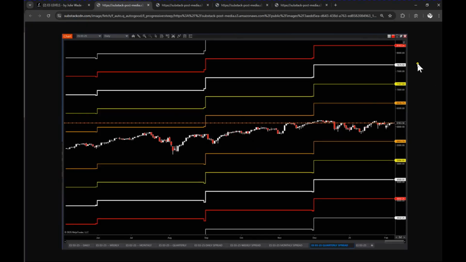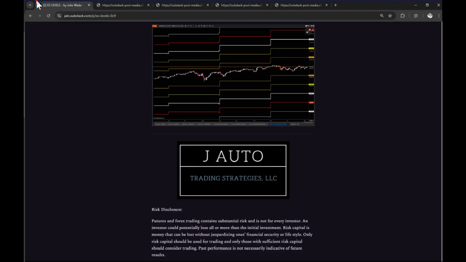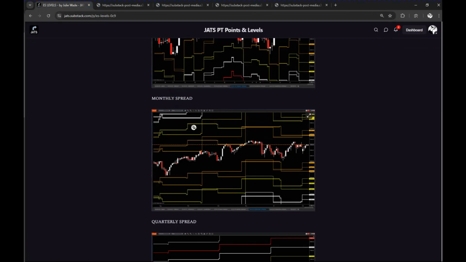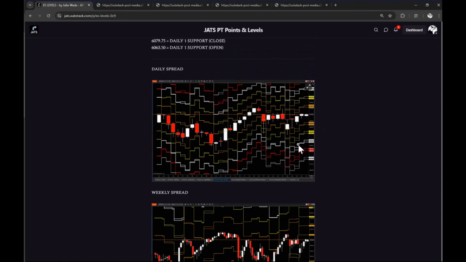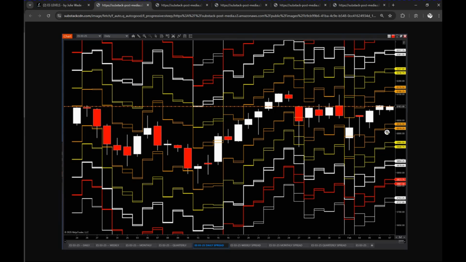I go ahead and post those for you so you could get all of your, if you wanted a weekly spread or a daily spread, where these 1-2 times a range. The orange are 1 time, yellow are 1.5, white are 2 times, red are 2.5, and white are 3 times. Really should make this blue or something for 3 times the range.